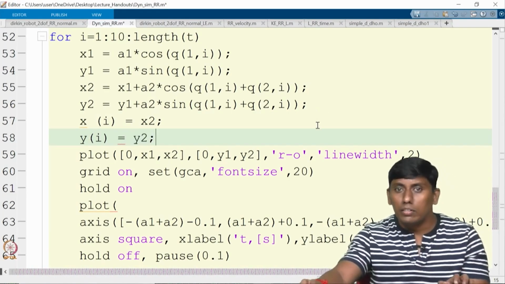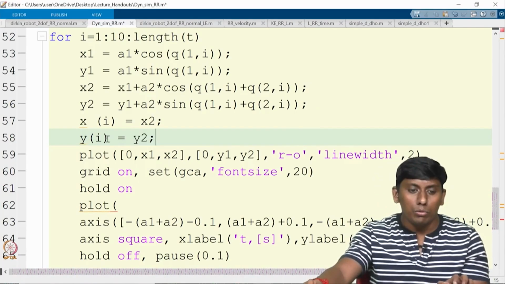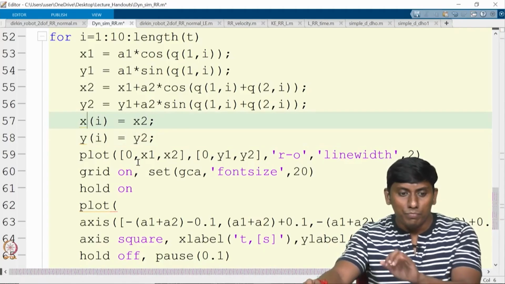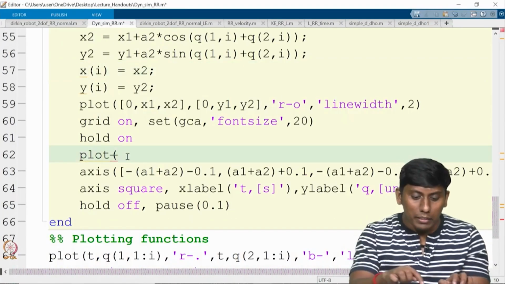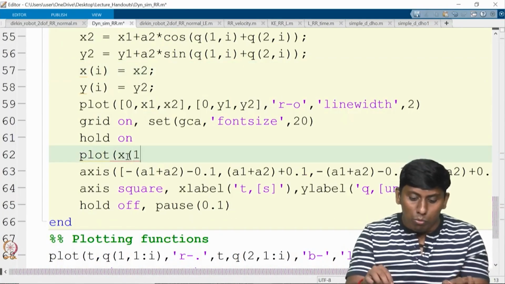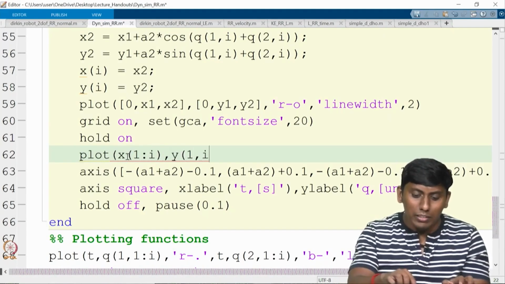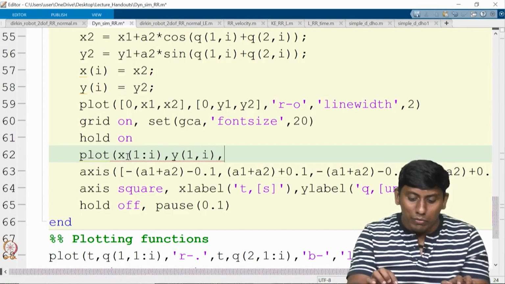This I did not do earlier, so I just corrected it. Now I am plotting x of 1 to i and y of 1 to i, so that the time history would be very clear.